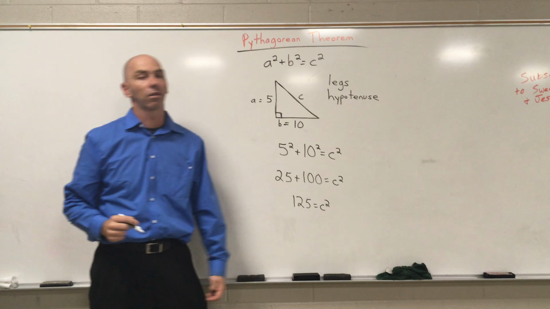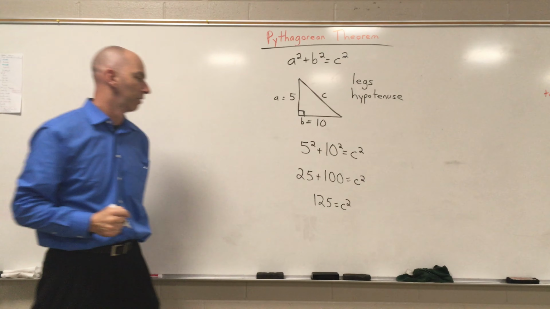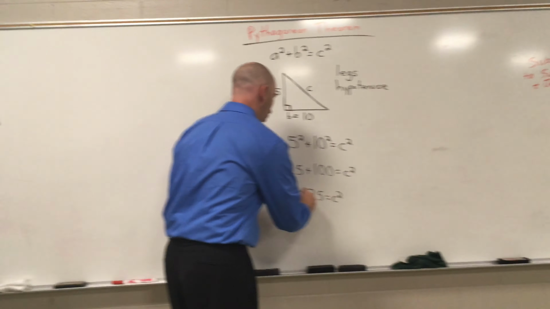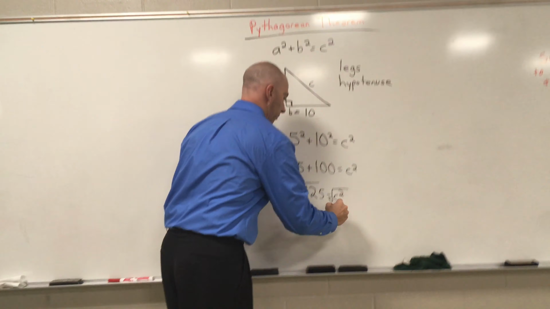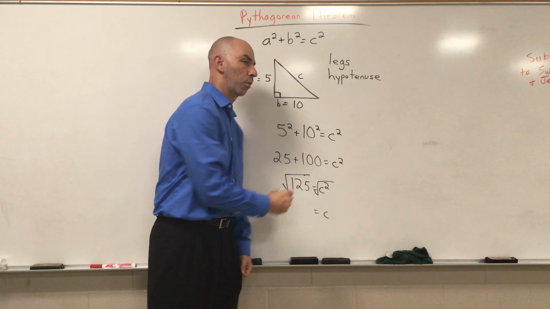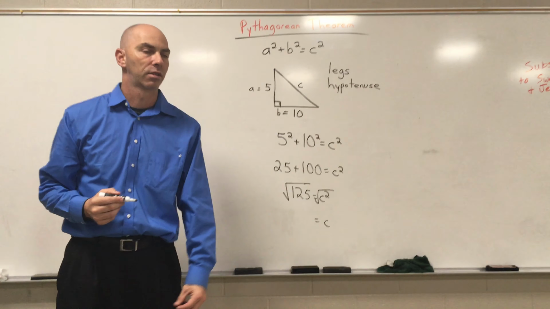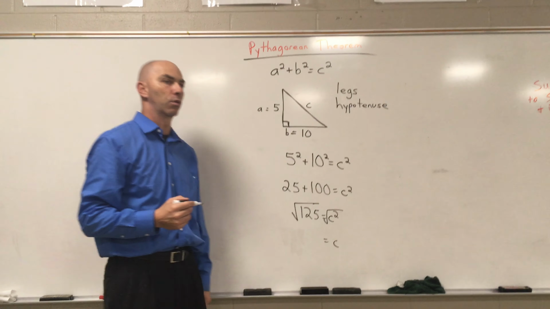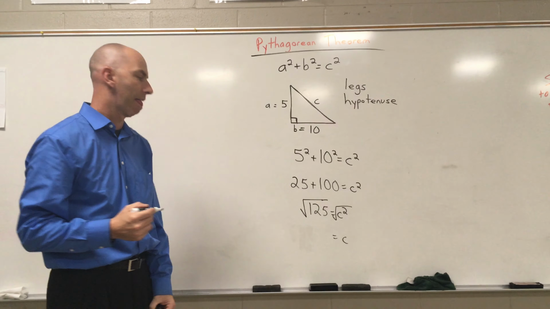Now someone with a calculator, find out what the square root of 125 is. It's going to be a decimal. Just stop at the hundredths place. What'd you get, Darnell? 11.18.